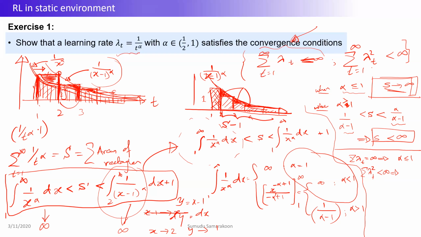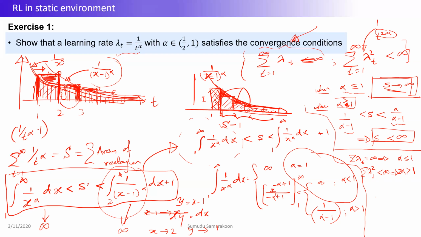Now if we consider this lambda_t squared, because lambda_t is 1 over t^alpha, this is going to be simply 1 over t^(2 alpha). Since this is converging, the choice of 2 alpha should satisfy this, so basically 2 alpha should be larger than 1.